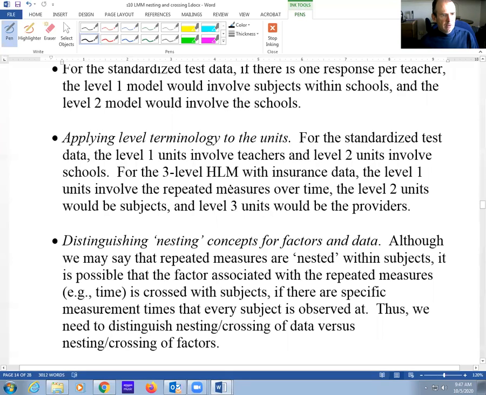So for the 3-level hierarchical linear model with insurance data, if we're taking measures over time, and each subject has a different provider, then the level 1 unit is a repeated measure over time, nested within a subject. The level 2 unit is a subject, and the level 3 unit is the provider. So you can see we're getting a bigger experimental unit as we get to a bigger level.